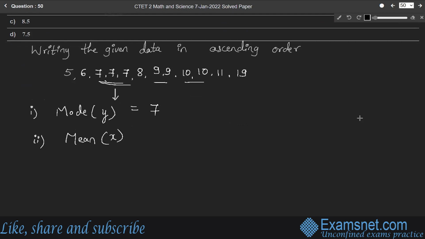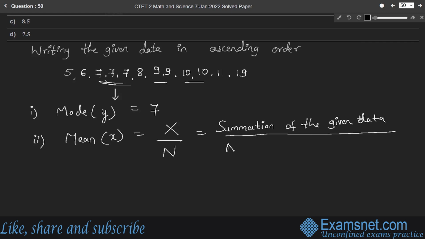Mean, according to the question, is x. It is equal to the summation of the given data divided by the number of observations. So what is the summation of the given data?